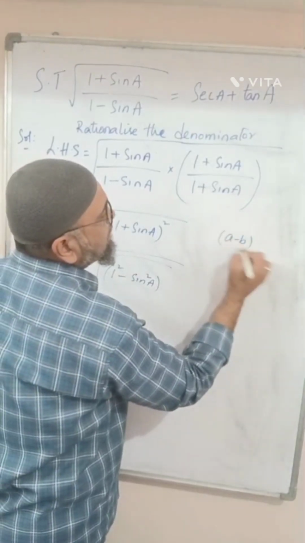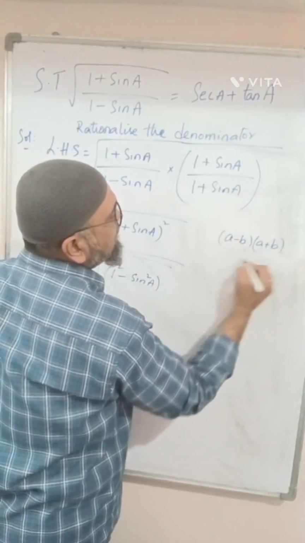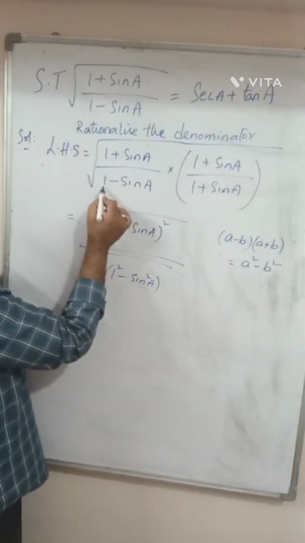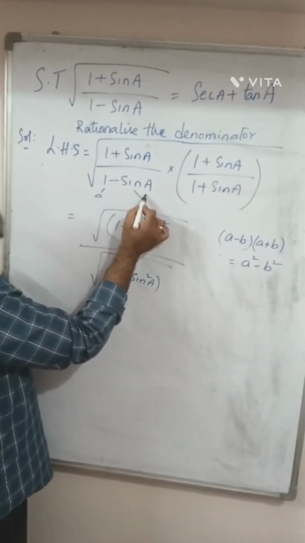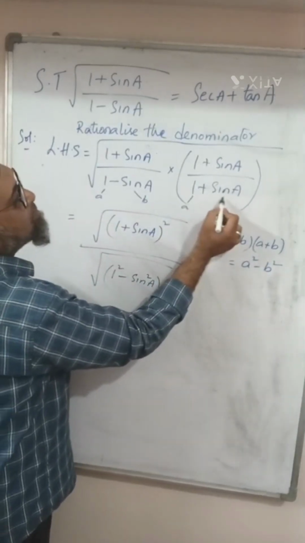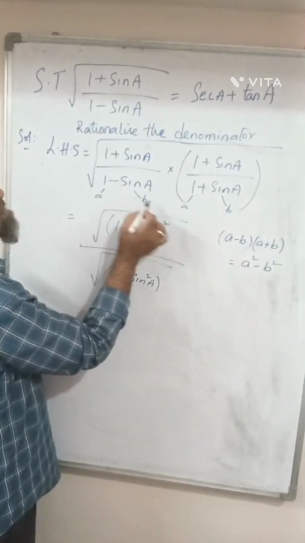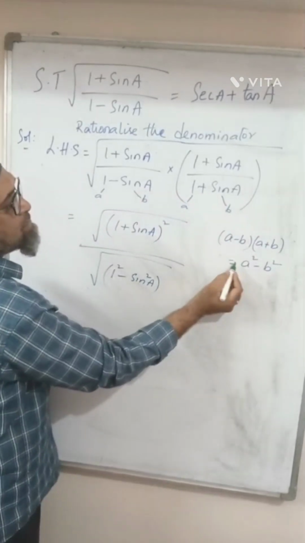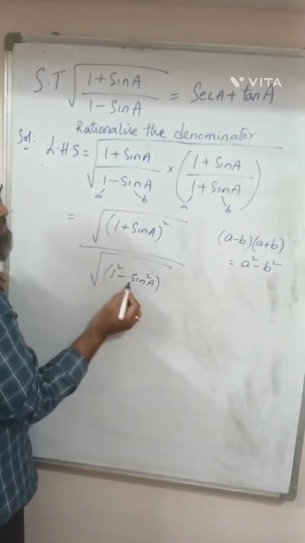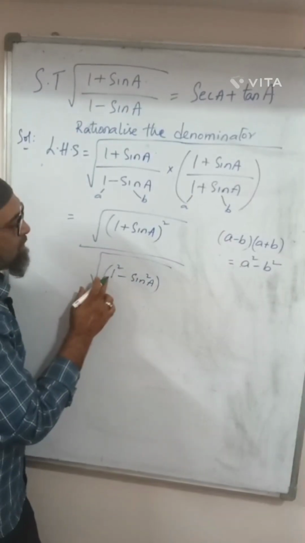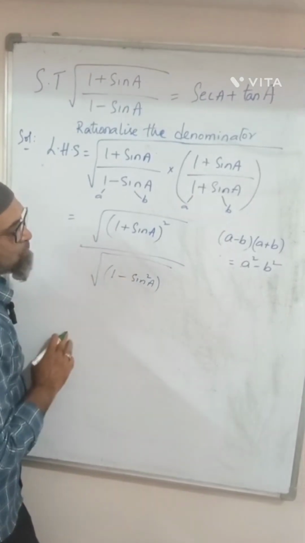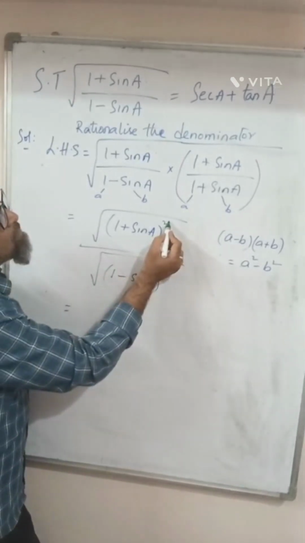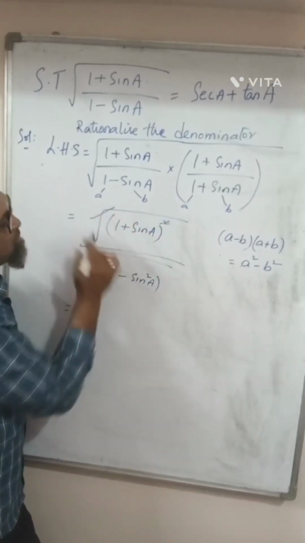A minus B, this is A, this is B. A minus B into A plus B is A square minus B square. So what I have written here is 1 square minus sin square. 1 square is nothing but 1. Now 1 minus sin square A, and this square and root cancelled.